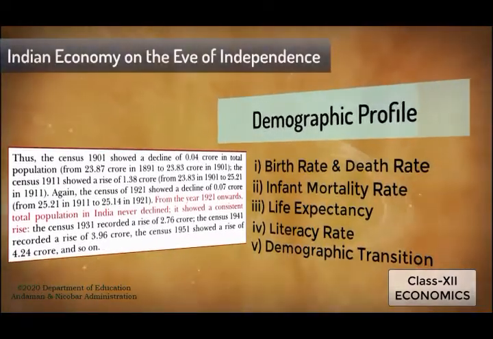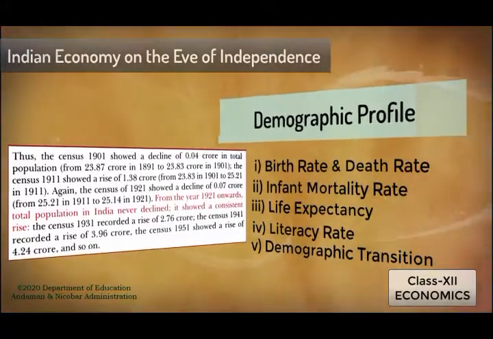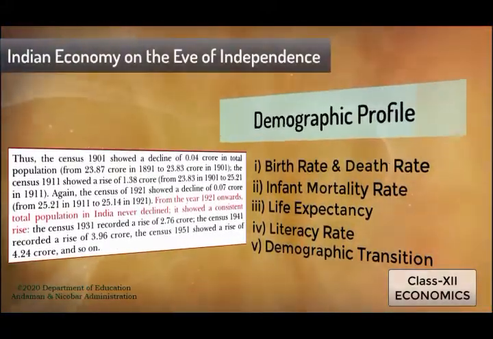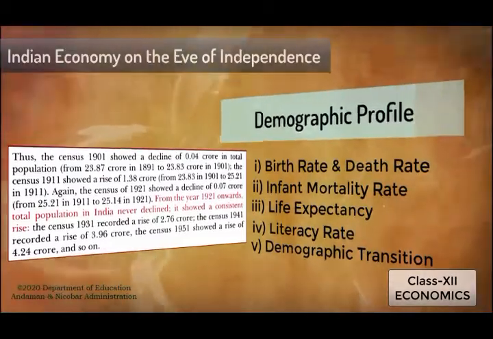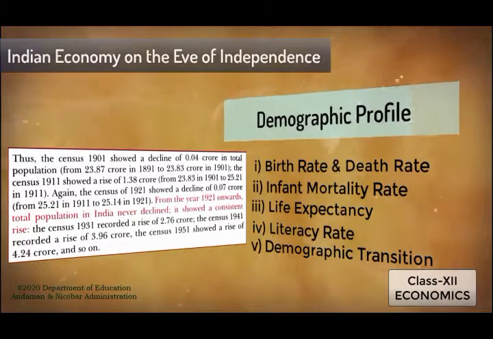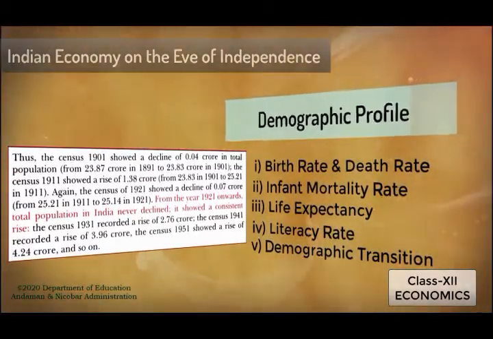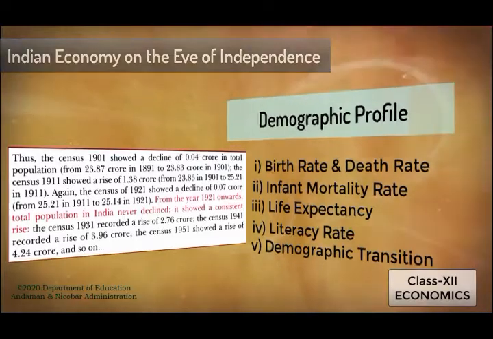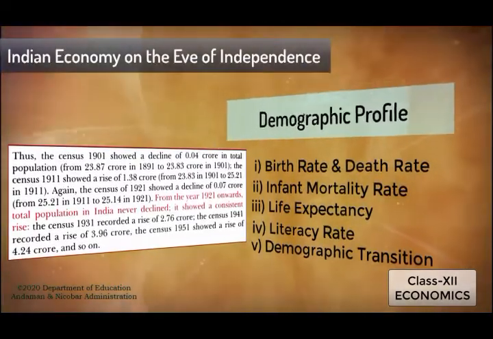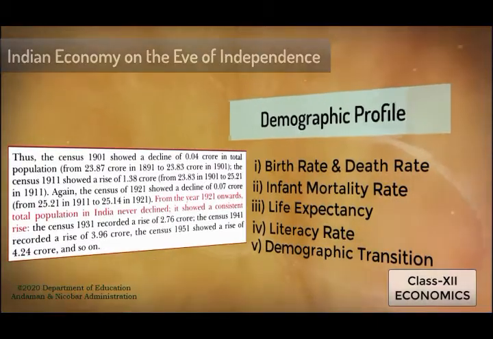So from the year 1921 onwards, the total population in India never declined. It showed a consistent rise. The census of 1931 recorded a rise of 2.76 crore, the census of 1941 recorded a rise of 3.96 crore, and the census of 1951 showed a rise of 4.24 crore, and so on.